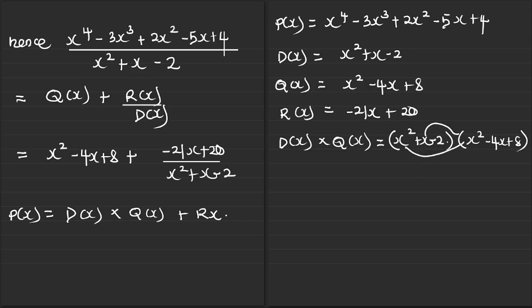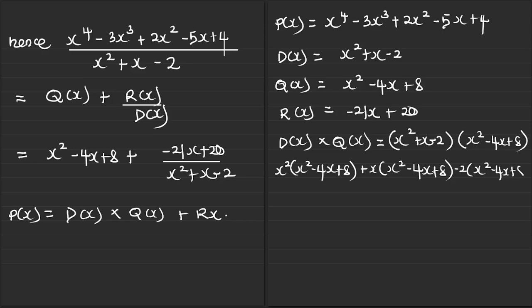So does x, and then so does the negative 2 as well. So let's start with the x squared. X squared is going to multiply the x squared minus 4x plus 8. And then the positive x is also going to multiply x squared minus 4x plus 8. And then our negative 2 also does same.